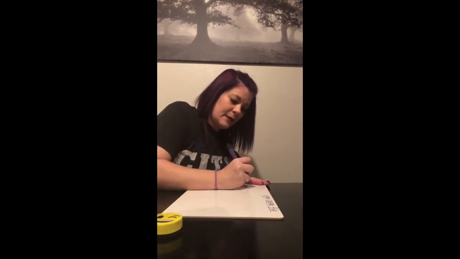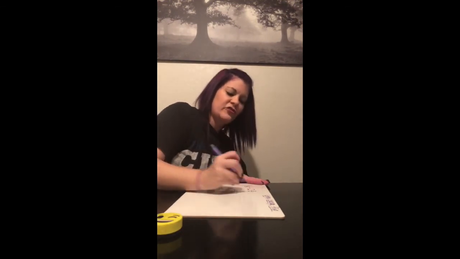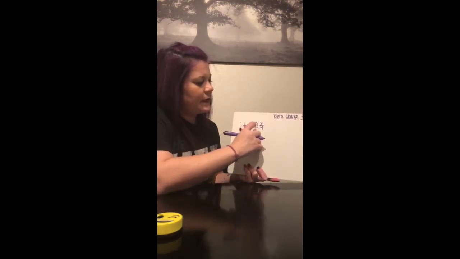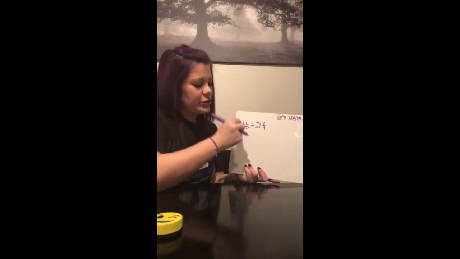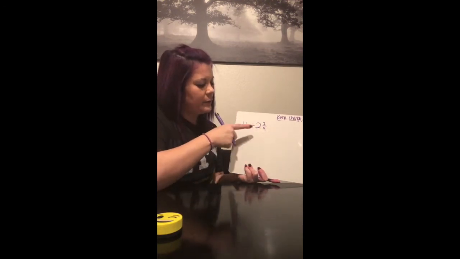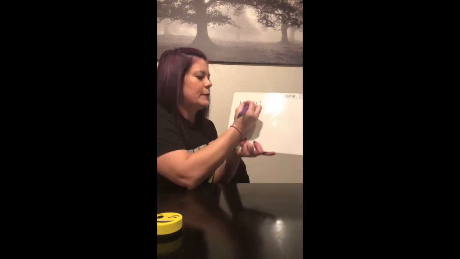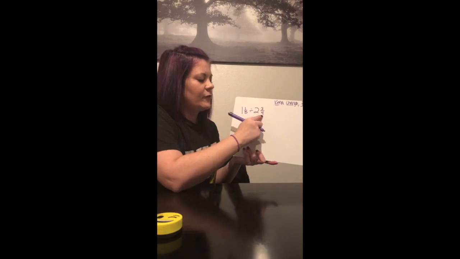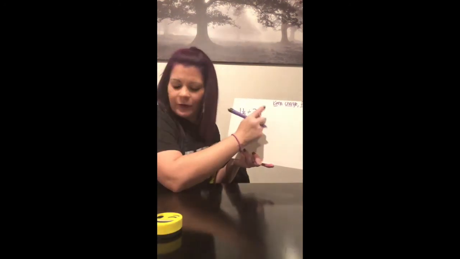Okay, let's do mixed fractions. Again, it's the same as multiplying. We cannot divide mixed fractions. You have to change them into improper. So 1 1/5 divided by 2 3/4. Change it to improper by multiplying the whole number by the denominator. 1 times 5, adding the numerator, plus 1 is 6. So we get 6/5 divided by 2 times 4 is 8. 8 plus 3 is 11. 11/4.